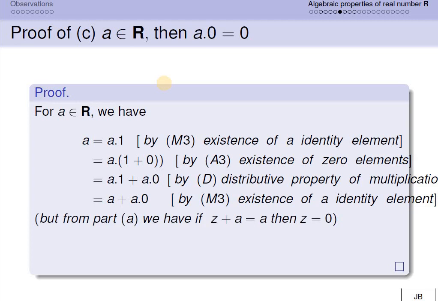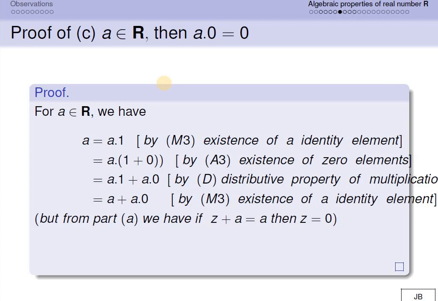If you remember, in part 1 we have proved that z plus a equal to a implies z equal to 0. So you see we have a similar expression here, a equal to a plus a dot 0. This means, in place of z in part 1, here it is a dot 0, and a is a only.